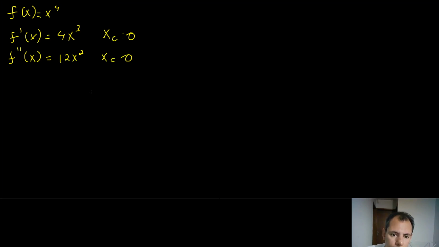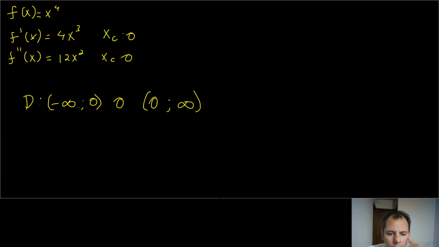So let's see. We don't know if this is going to be up concavity, down concavity, minimum, maximum, we have to analyze. Now let's see. Before the domains, okay? So the domains you have from negative infinity all the way up to 0, and then you have 0, and then you got from 0 to positive infinity. Let's put minus 1.